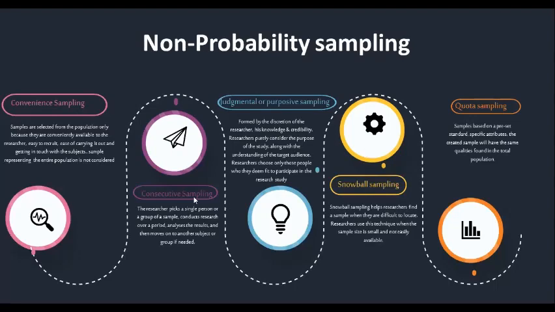Then comes consecutive sampling, which is almost similar to the earlier one, but there is a slight variation. Here the researcher samples consecutively, that is why it is called consecutive sampling. He will first do an analysis, then move on to another subject, and if required, he will again do another sampling.